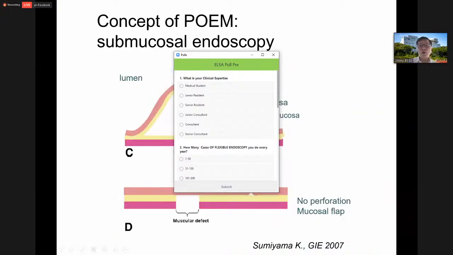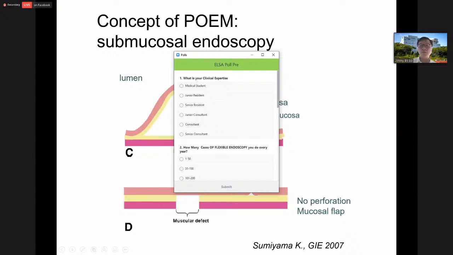The concept of POEM is based on the theory of what we call the submucosal space or submucosal endoscopy. This cartoon shows the concept. This is the wall of the GI tract. On the top is the mucosa, and at the bottom is the muscle layer.